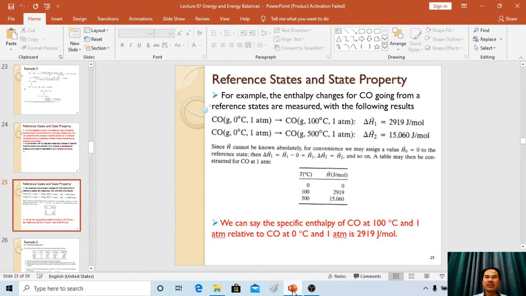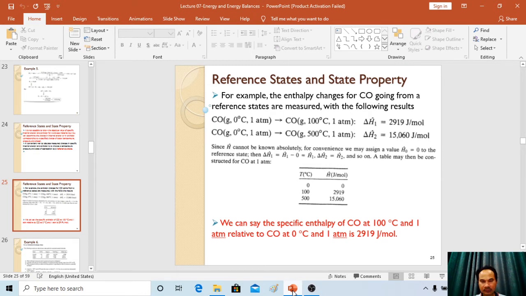Okay. For this case, if we would like to calculate the change of enthalpy for carbon monoxide going from a reference state, measured with the following results. From carbon monoxide gas at 0 degrees Celsius at 1 atm to carbon monoxide gas at 100 Celsius, 1 atm, the data is delta H1 equal to 2,919 Joule per mole.